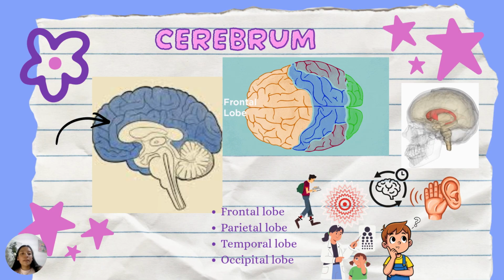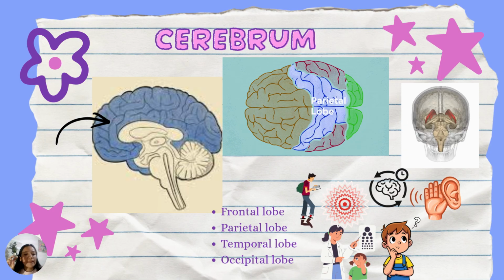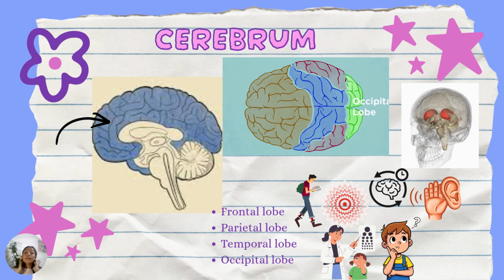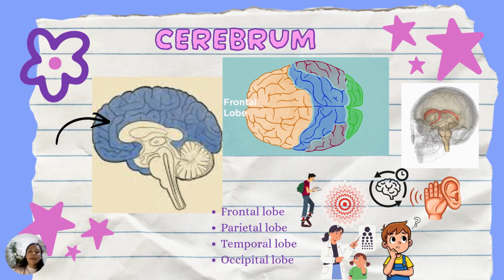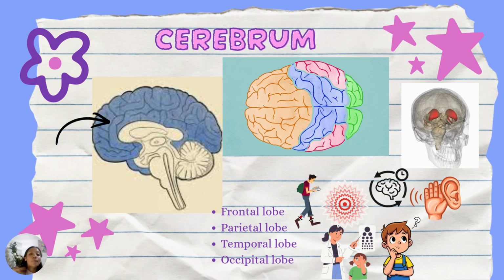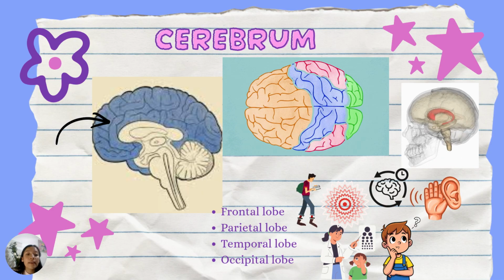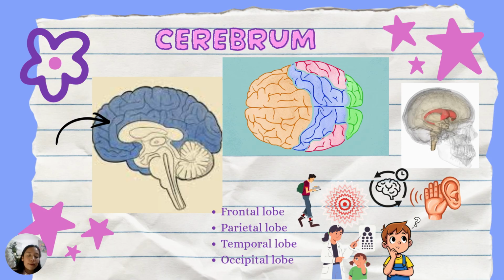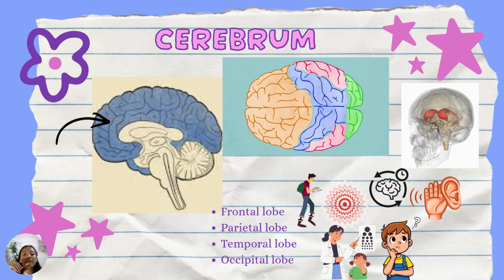Now, in this part, we can see the most important part of the brain, that is the cerebrum. It's the largest and the most complex part of the brain, because it has other layers, the cerebral cortex, that is divided into lobes. But what are the lobes?